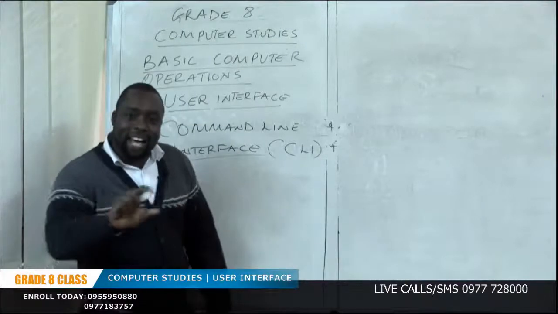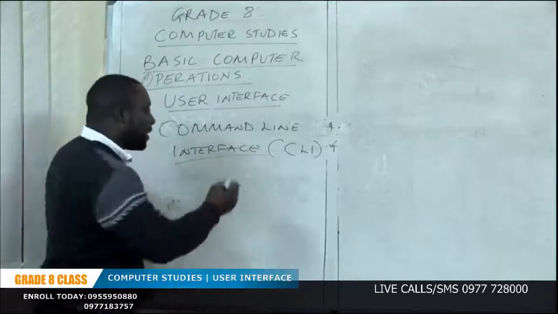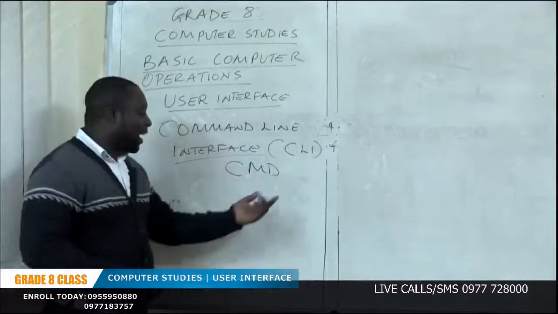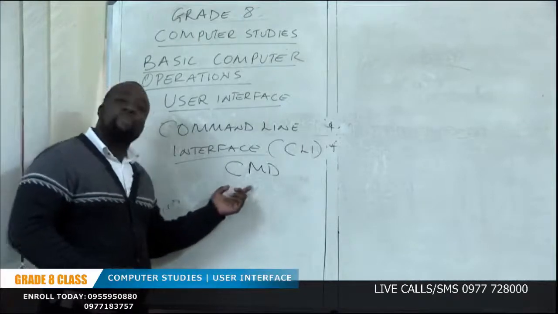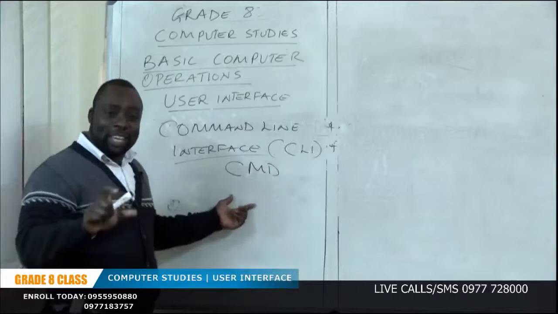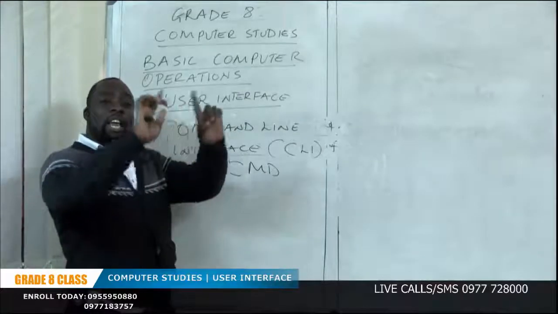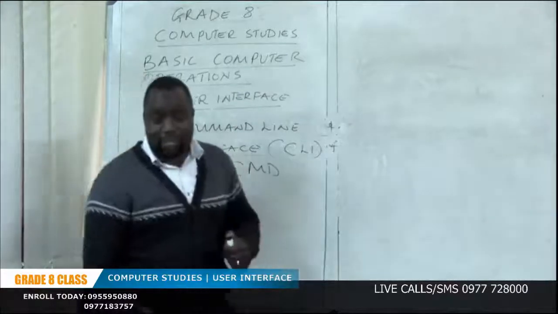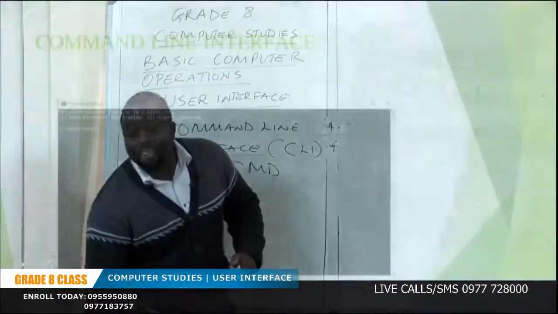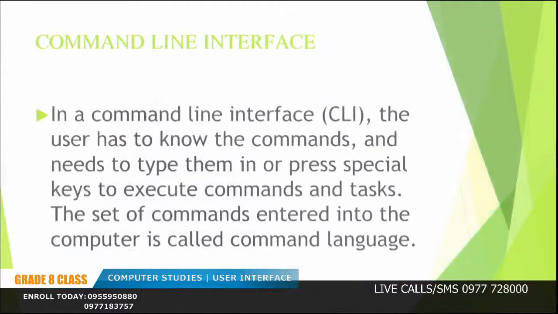Then in the search box, you type CMD, then press the Enter key on the keyboard. And then you see a black screen. Let me just put it on the screen so that you can also see what I have. Okay, good. So that is a typical example of a command line interface.